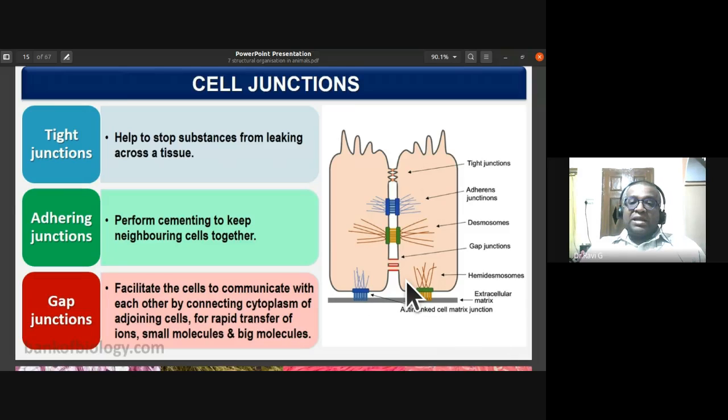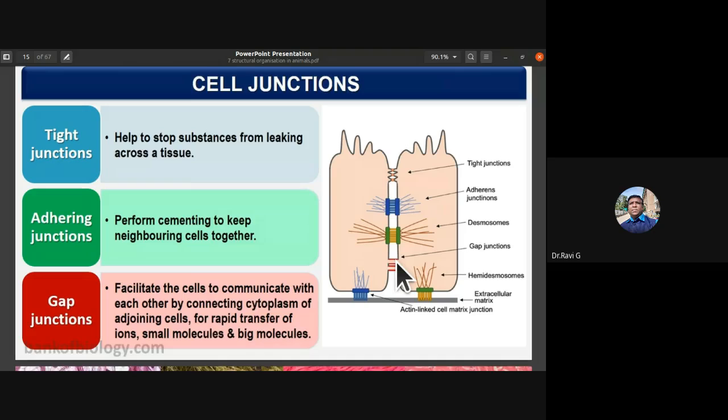You can notice this gap junction: there is a cytoplasmic connection between the adjacent cells, which helps the rapid transfer of ions, small molecules, and big molecules.